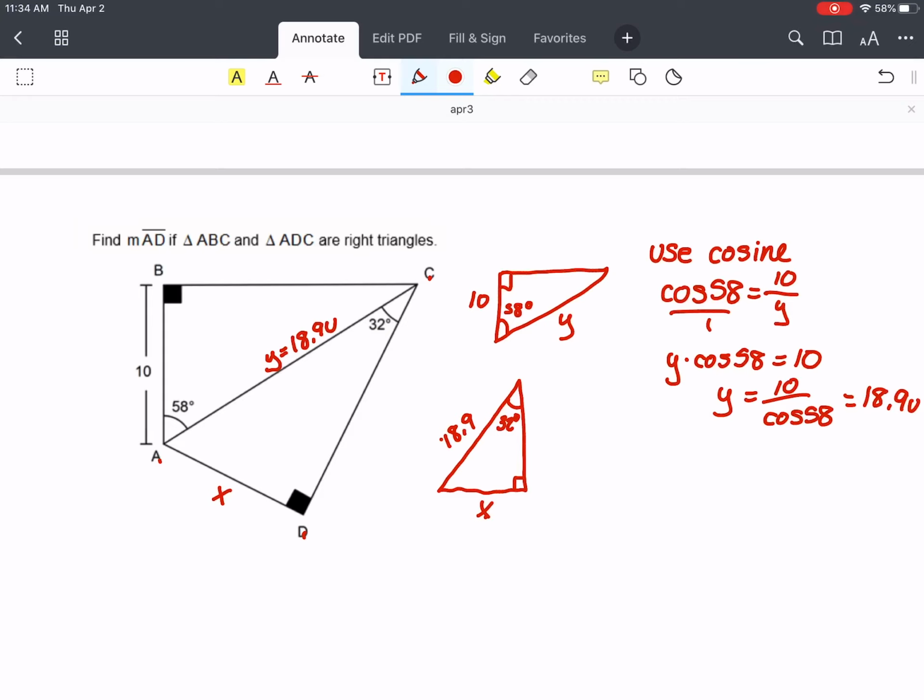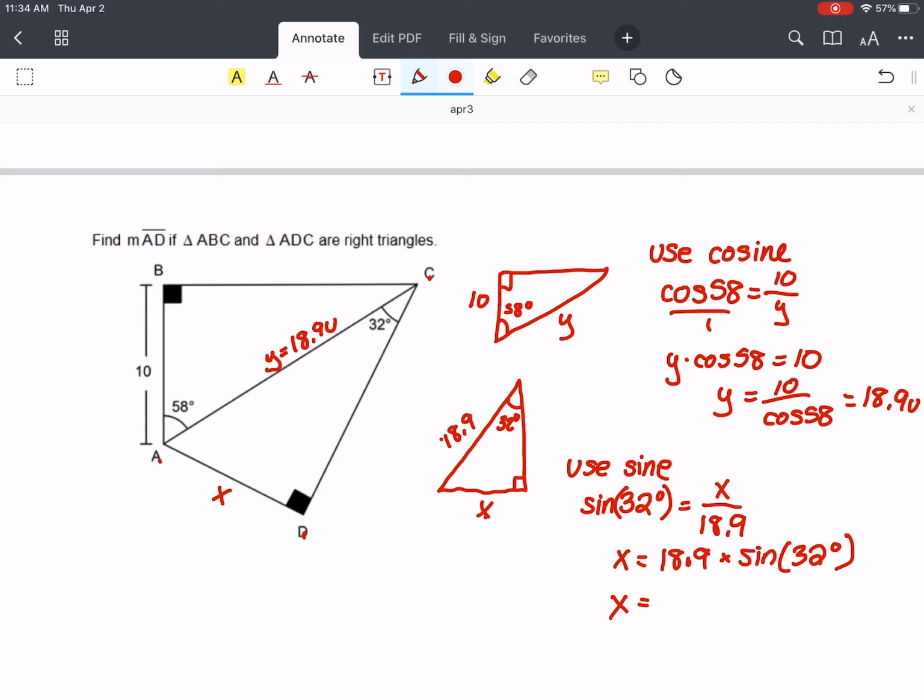Well, I'll use sine. So sine of 32 degrees is equal to opposite, which is x, over hypotenuse, which is 18.9. X therefore is the product of 18.9 times sine of 32. Plug that in your calculator and you should get that x is 10 units.